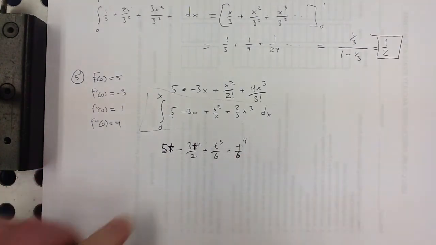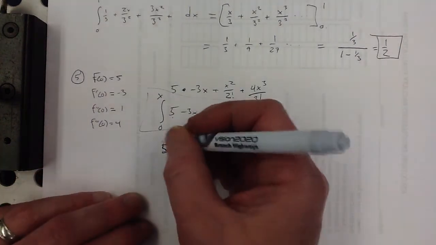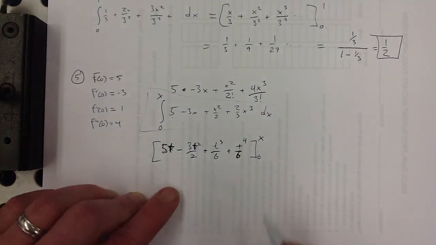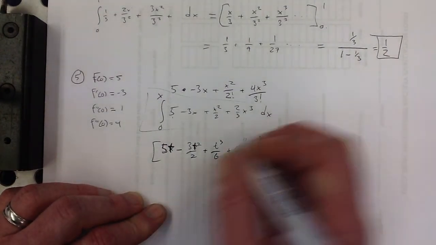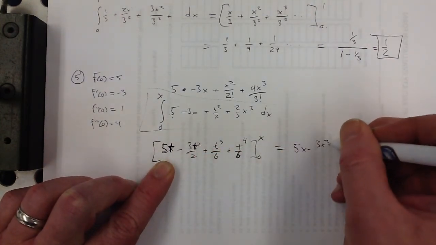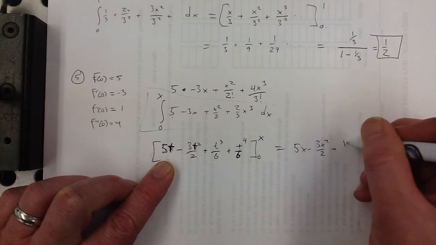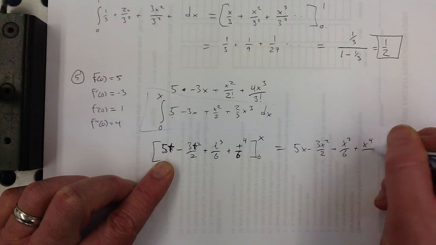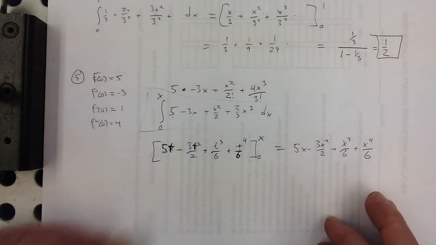You can check my terms there, but I think that's right. And then we're doing that from 0 to x. The 0 just knocks everything out, so it looks like this just with x's plugged in. All right, 5x minus 3x squared over 2 plus x cubed over 6 plus x to the 4th over 6.